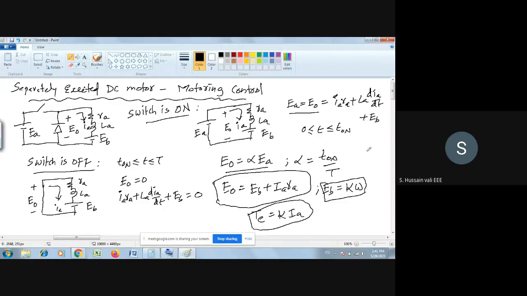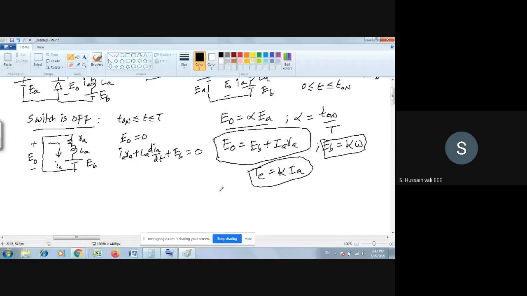These are the three equations we have. Using these three equations, we substitute. Nothing else is there. In place of E naught, I will write alpha EA.